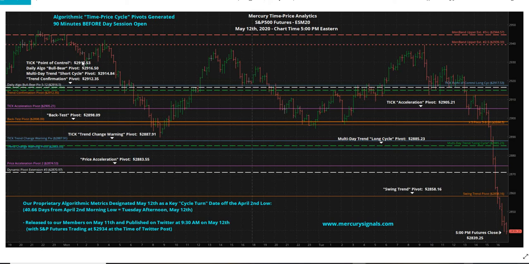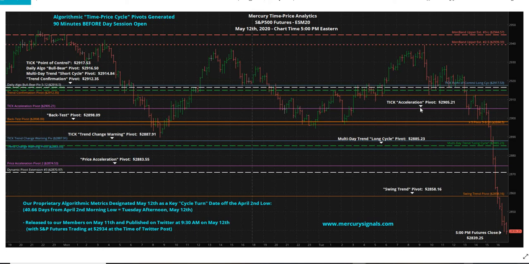So you broke the tick point of control at 17, you broke the bull bear pivot at 16, the multi-day trend short cycle, there's two of those, multi-day trend short cycle and then multi-day trend long cycle. And then you've got what we call a trend confirmation pivot here. So when you start seeing this many important levels bunched up in literally just a couple of handles, when that breaks, as you see here, you've got problems.